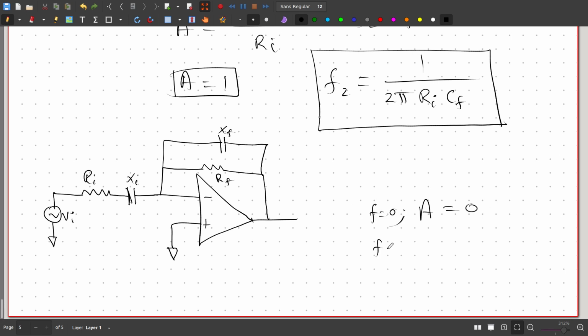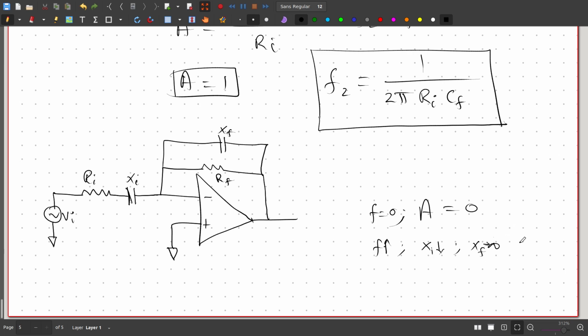And as the frequency increases, this Xi starts to conduct. Xi tends to decrease, but XF is very large, XF is so infinity.